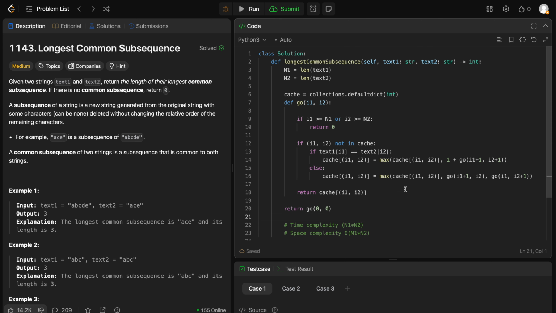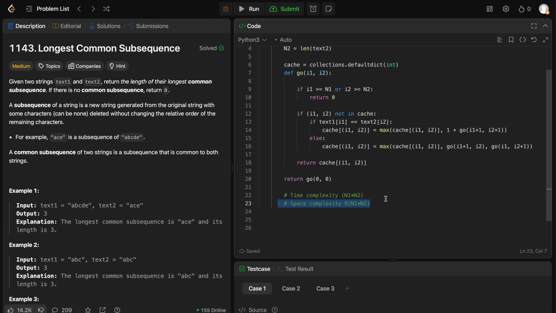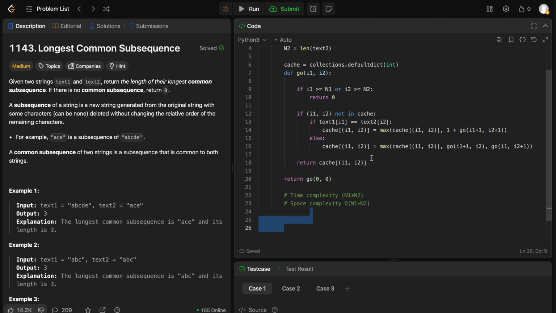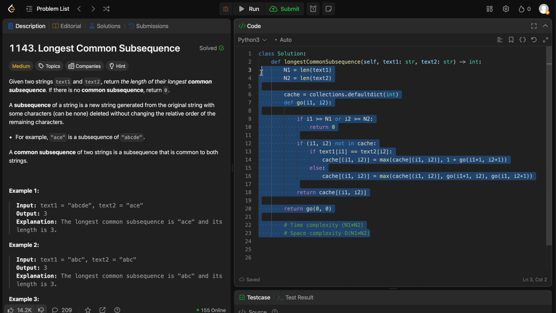And the question is, can we do better? Time-wise, actually not, but we can do something with the space. And that something with the space requires a bottom-up approach, so an iterative DP solution. Okay, let's try to get that.